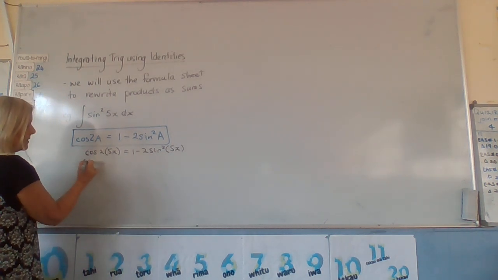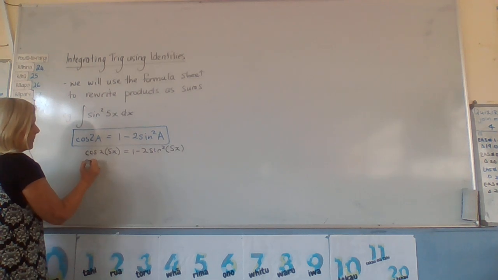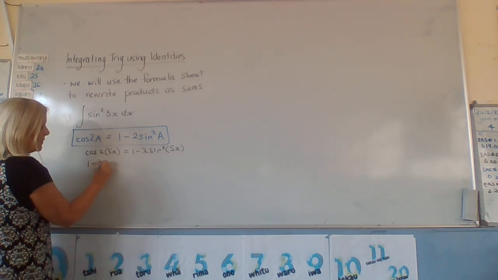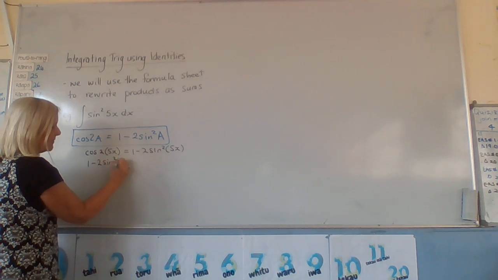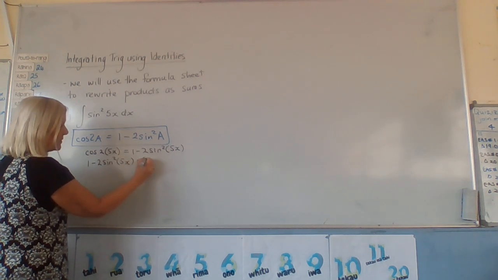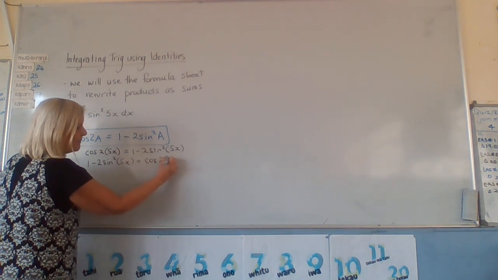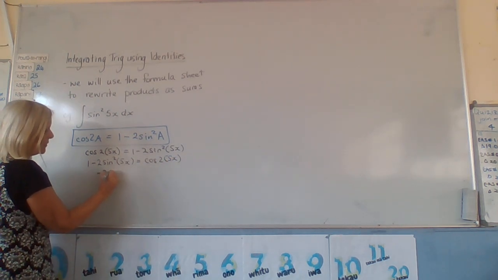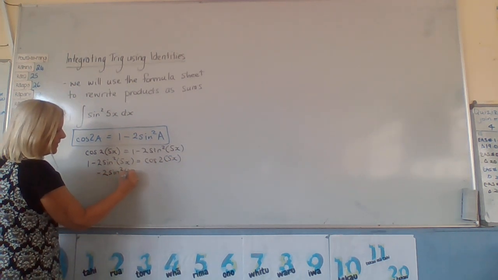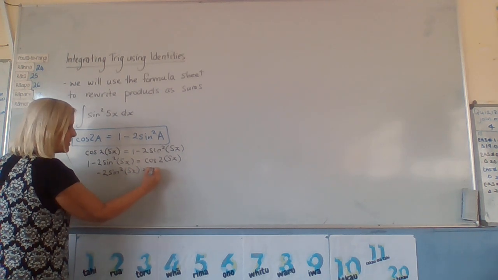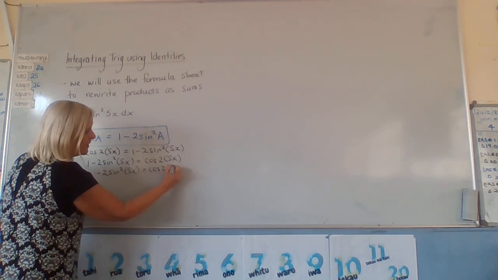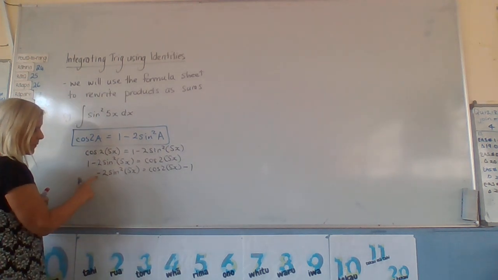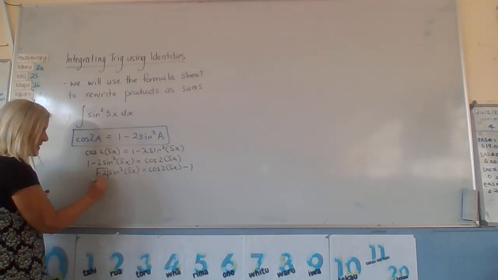So we want to have 1 minus 2 sine squared 5x equals cosine of 2, 5x. Take the 1 away, minus 2 sine squared of 5x equals cosine of 2 times 5x, which we could write as 10. We all know it's 10. Then we're going to get rid of this one by dividing.